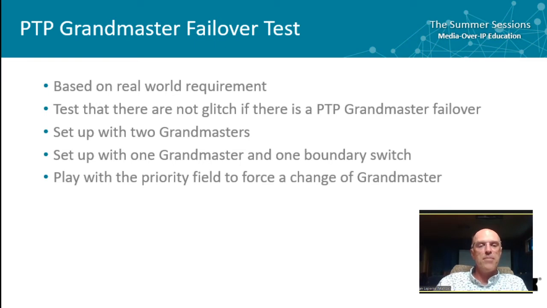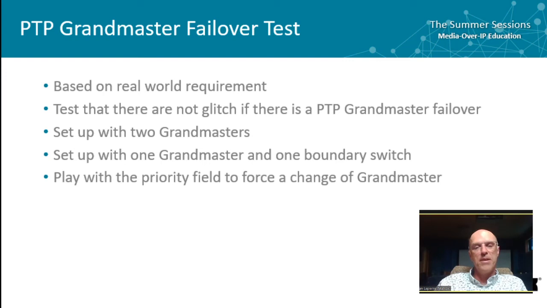The basic concept is once you're all set up and your device is either sending or receiving a signal, you play with the priority of your Grandmaster so that one takes over the other one. The way we did it with one Grandmaster and the boundary switch, which is quote unquote slaved to the Grandmaster, is that we go in and change the priority of the boundary switch to be a better priority than the Grandmaster. It's just going to say, hey, I'm better than you, and take over.